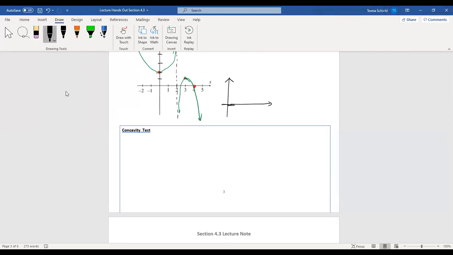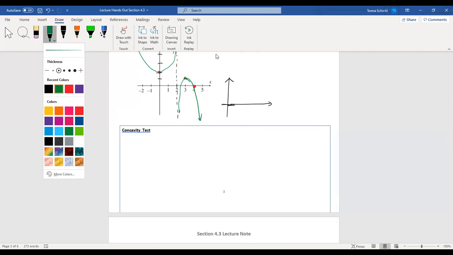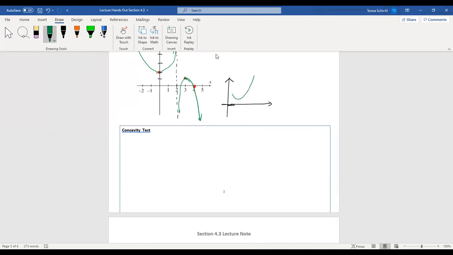Let's see, if this is my function, if I have a function like this, how do we define it? We define this as concave. We will say this is concave up.